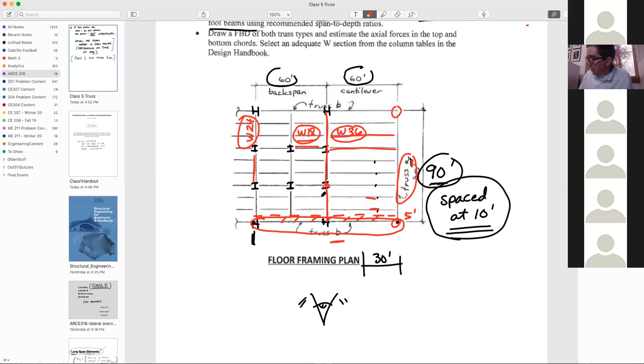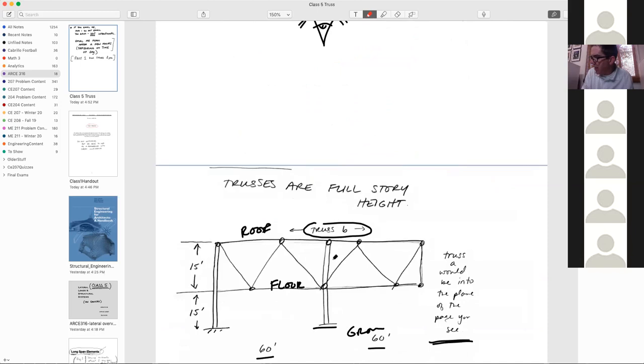So this one goes straight into the column, but we are going to need to pick up the reaction from that girder right there. So we're going to have another point load that carries, by statics, the reaction from the two beams that it's holding on both sides.